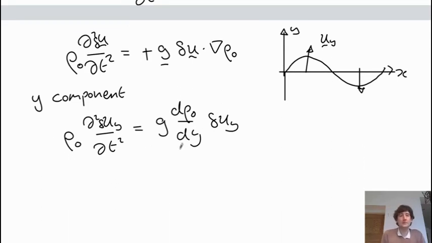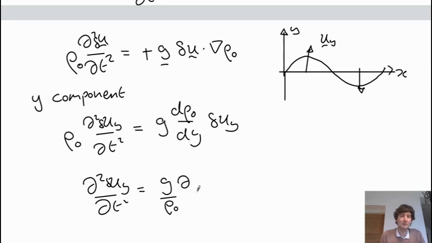Now this is essentially an equation involving the second derivative and this density gradient, and so we have something which looks like essentially an exponential. We have d2 delta uy by dt squared is g over rho naught times d rho naught by dy times delta uy.